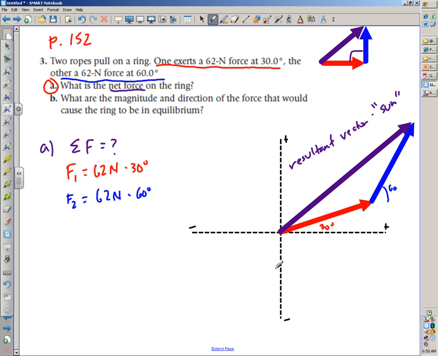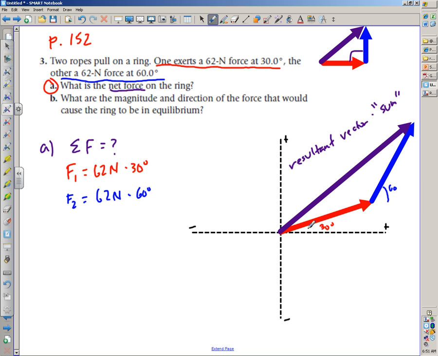And that's easy to find using Pythagorean theorem. This vector is not the hypotenuse of a right triangle. It's the longest side of a triangle, but because of the angles that these vectors are acting at in the problem, this is not a right triangle.